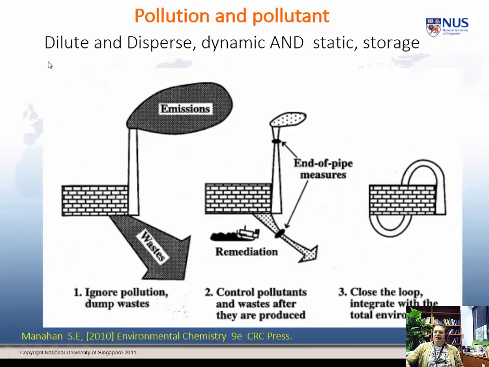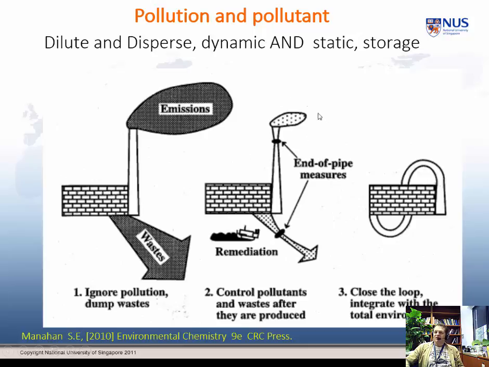And this used to be what was done all the time. It was called dilute and disperse. One hopes now that such pollution streams are being reduced, maybe by end of pipe cleanup measures.